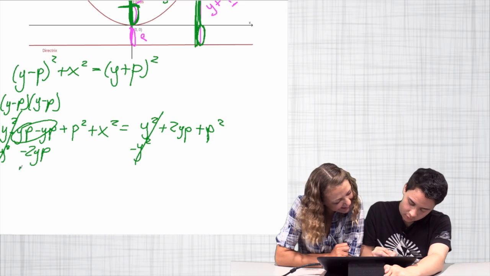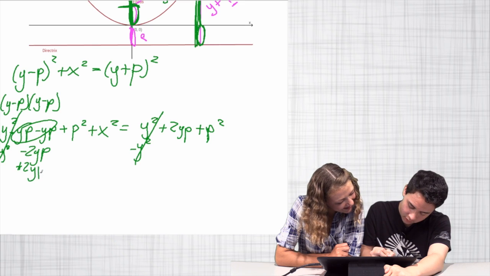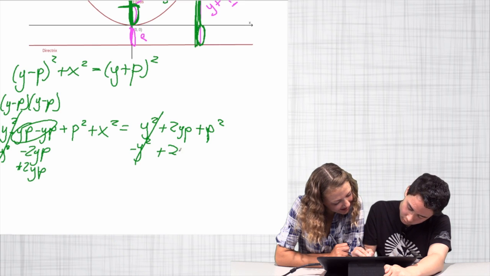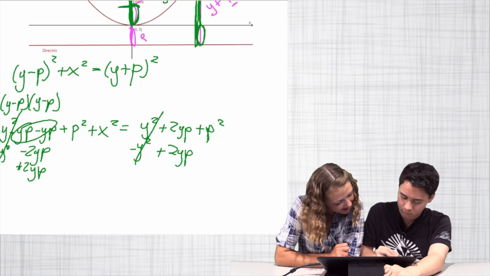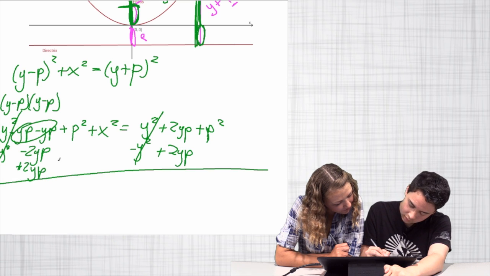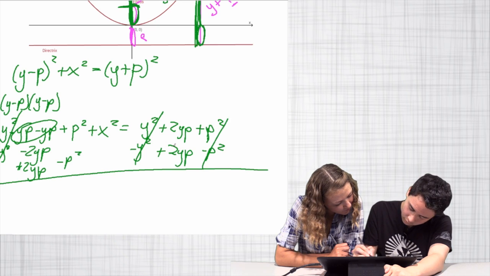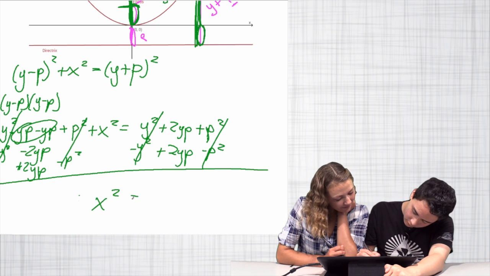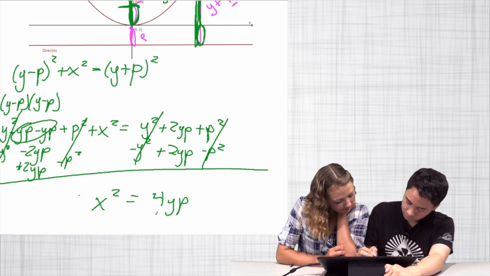Yes. Add 2yp. Subtract p squared. x squared equals 4yp.